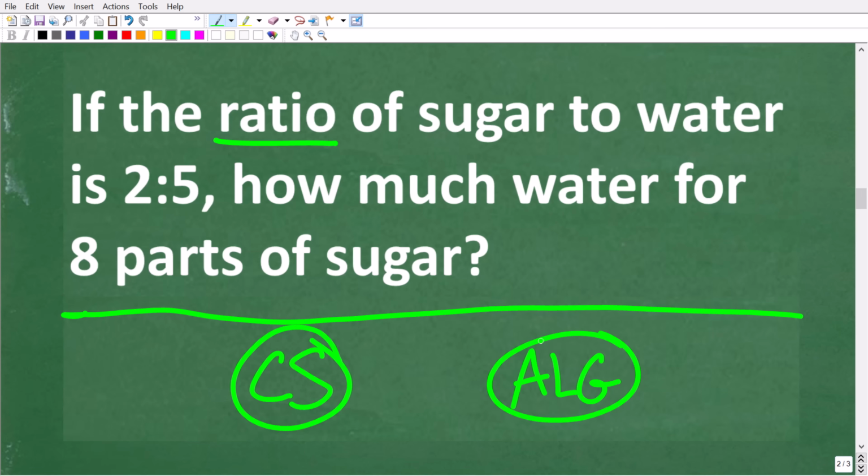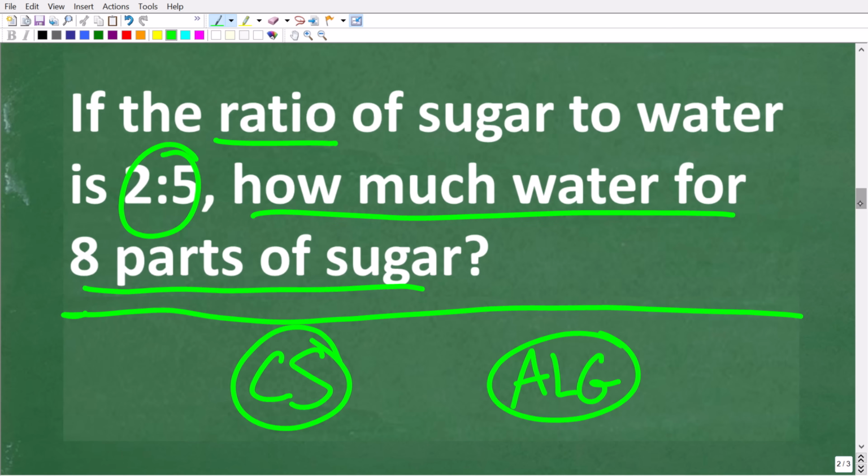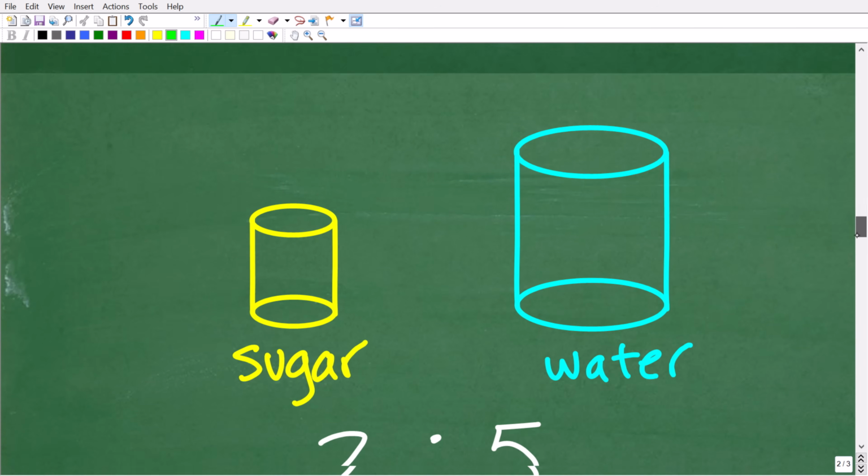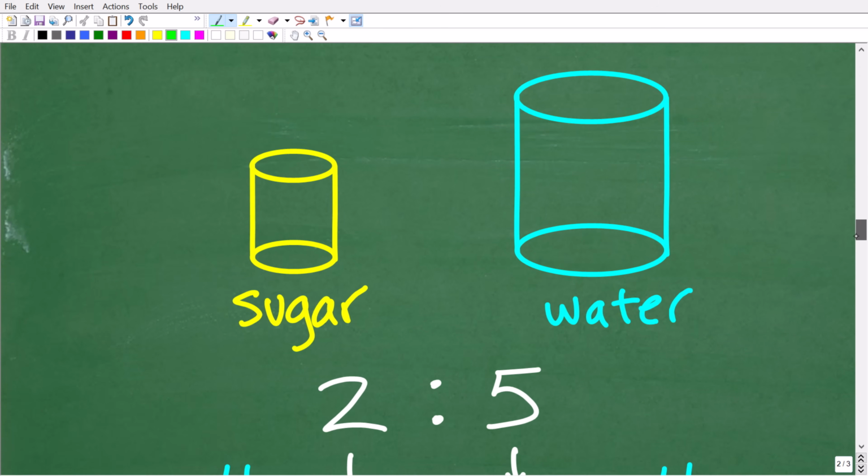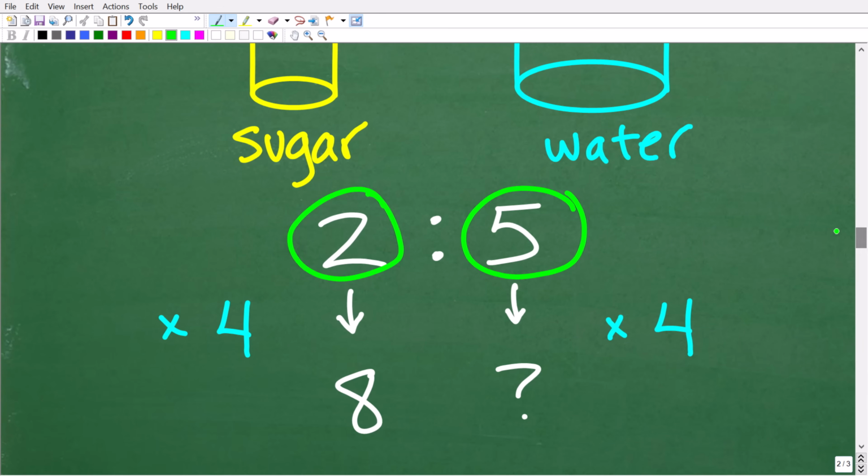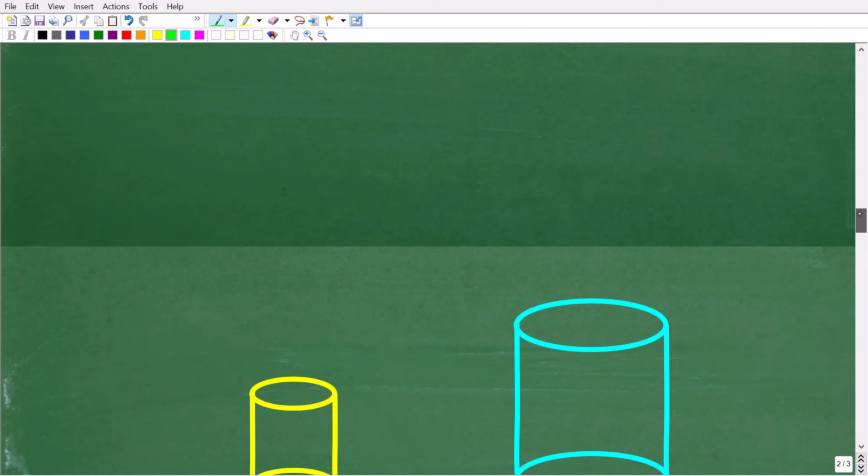All right, so if the ratio of sugar to water is 2 to 5, how much water is needed for 8 parts of sugar? One way to see this visually is to go back to our model. So here is our sugar. We have 2 parts of sugar for 5 parts of water. Now, if we increase our sugar to 8, let's go back to the problem, right?